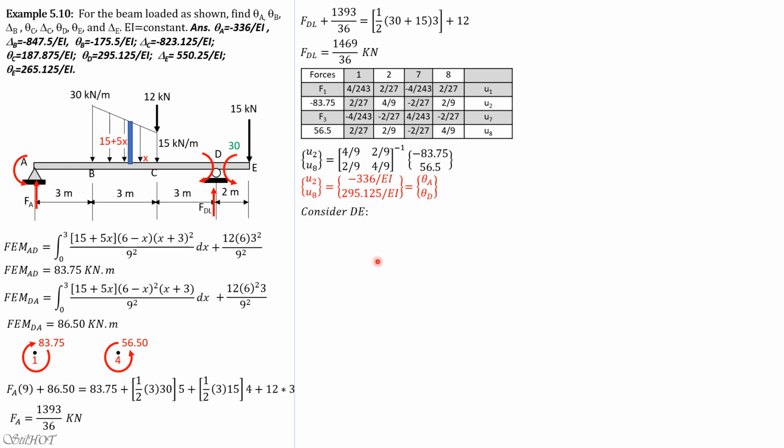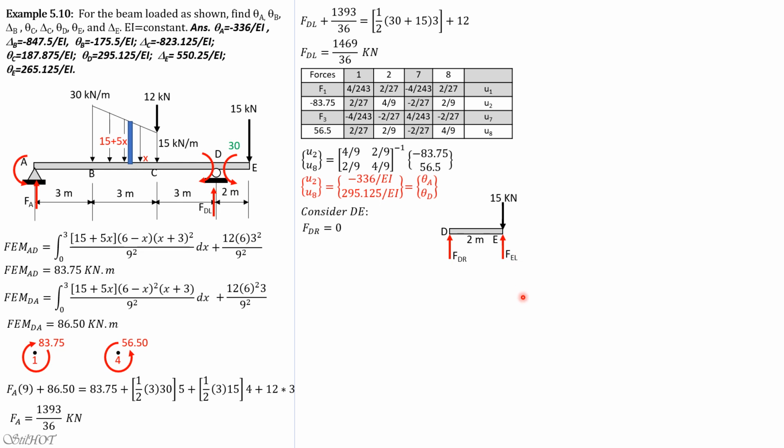So considering DE this time so that we can solve delta E and theta E. This is the overhanging span. So FDR is expected 0 if you sum up moment at E. Imagine that D is fixed, E is fixed also. That's why we have to compute fixed moment when fixing forces.